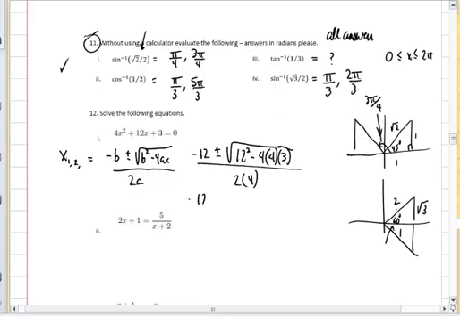Then I'll have negative 12 plus or minus 144 minus 16 times 3, which is 48. So that's going to end up being 96. So I have negative 12 plus or minus the square root of 96 all over 8.